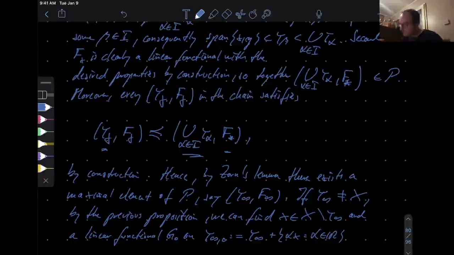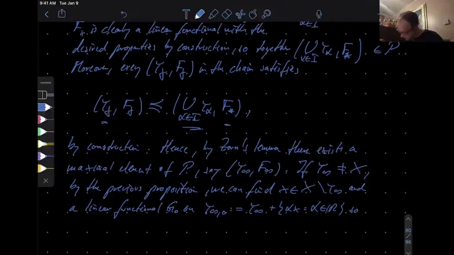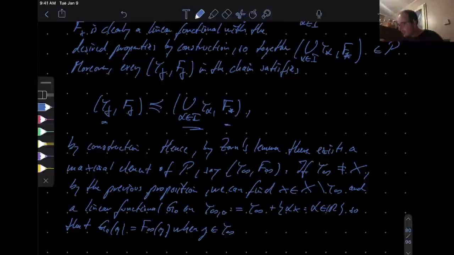y infinity zero, that is just y infinity extended by this one vector, so alpha x, just as we had it before. So that g0 reproduces f infinity on y infinity. Yeah, that's it. That's all that I need, right? In turn, I don't need the inequality right now. I just need this.